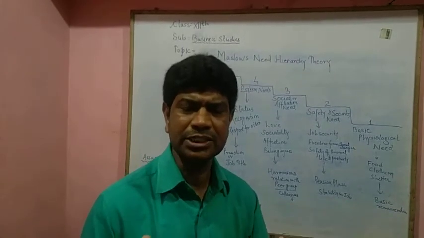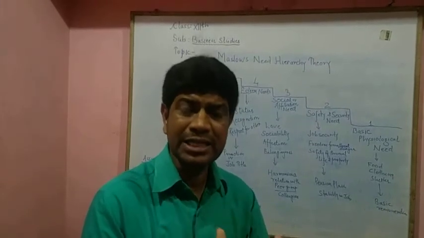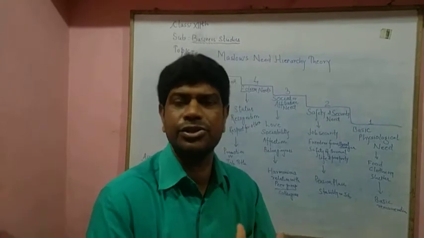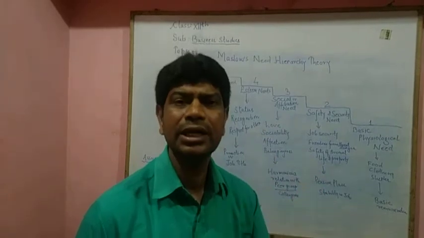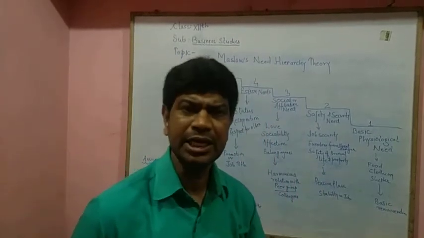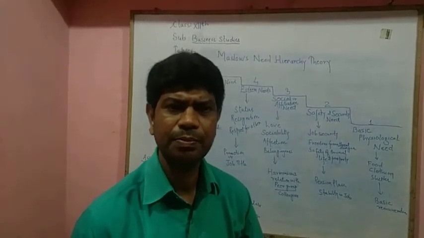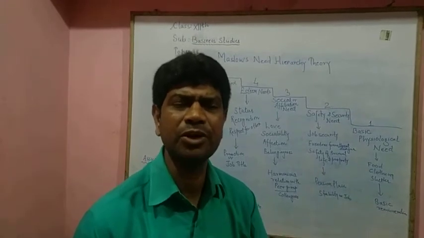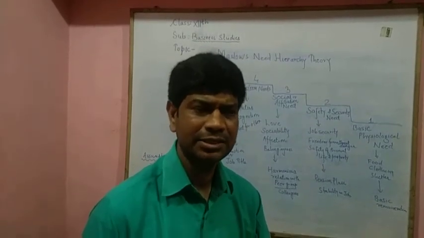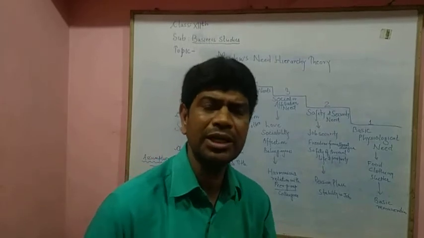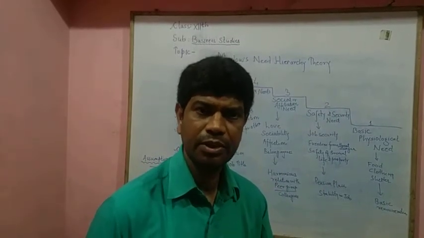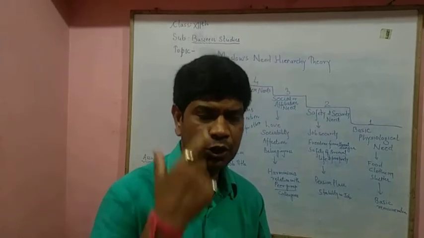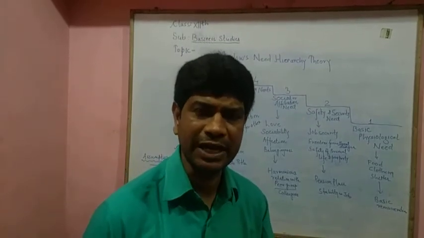There are different needs, and each need arises according to a preference, according to a hierarchy. So Maslow has branded it as need hierarchy theory. He was a US psychologist. This is known as the general theory of motivation, where he came out with the idea that the needs which drive a human being follow an order of preferences according to which a human being strives for satisfaction.